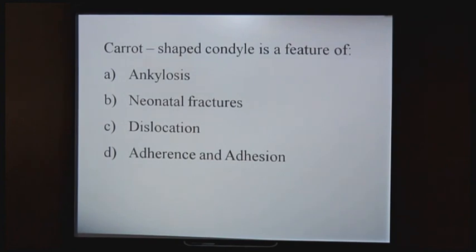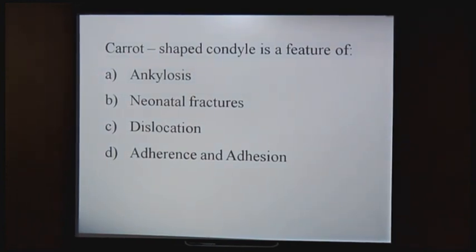What is ankylosis? Fusion of your condyle of the mandible and your glenoid fossa. It can be either a fibrous fusion or a bony fusion. It can be a true ankylosis or a false ankylosis. It can be either unilateral or bilateral. Okay. What are neonatal fractures? The fracture happening during childbirth.